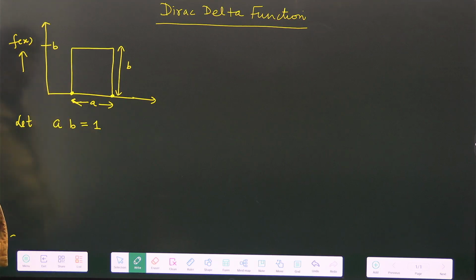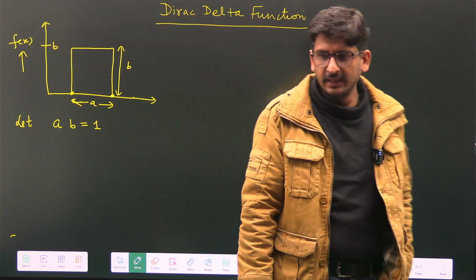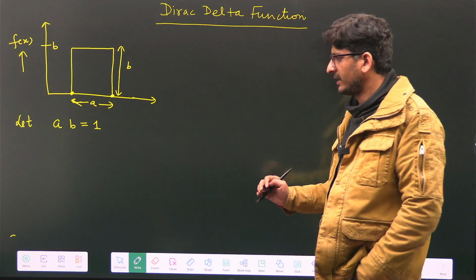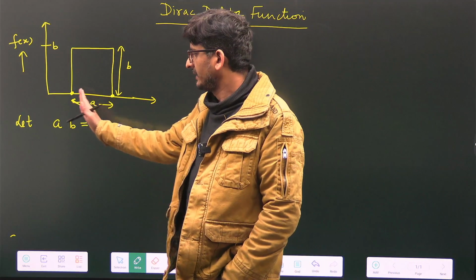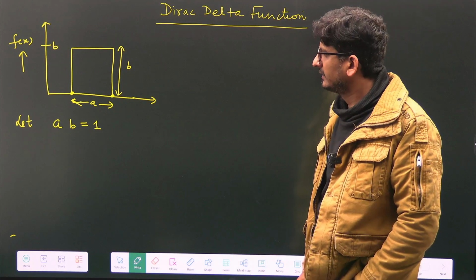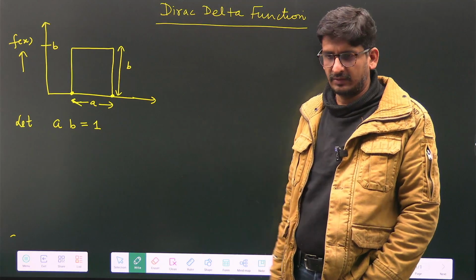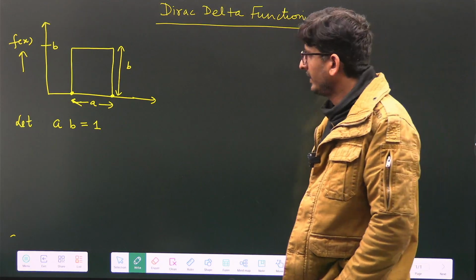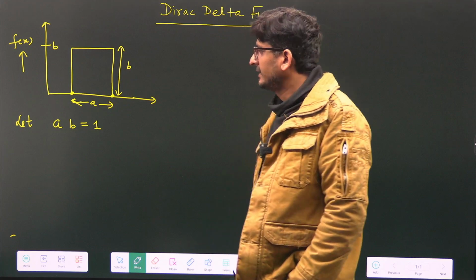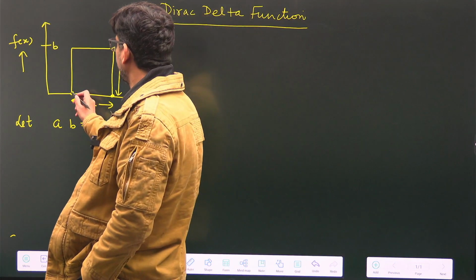That means the area is always 1. This is very normal, I am just defining a function which, between some limit x1 to x2, has height b and otherwise it is 0.